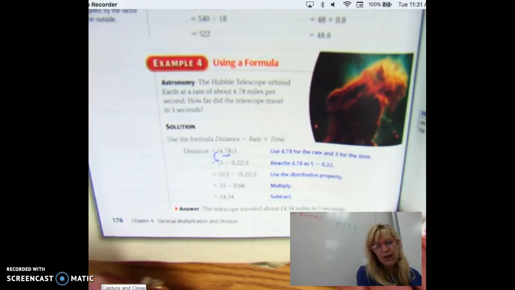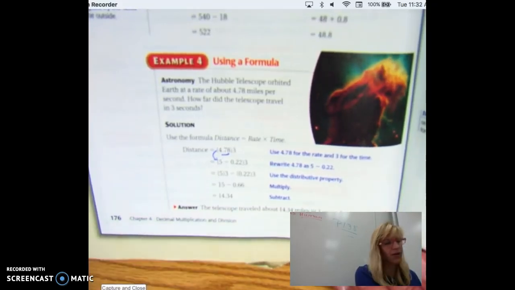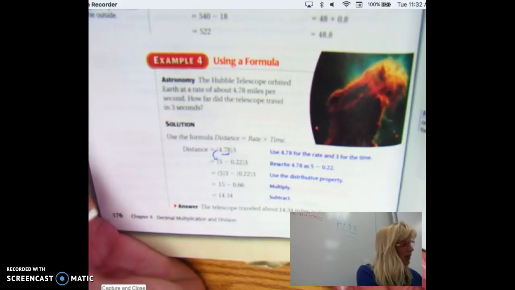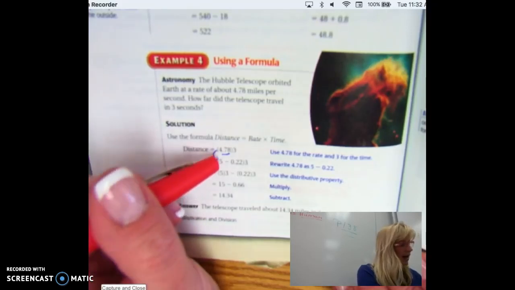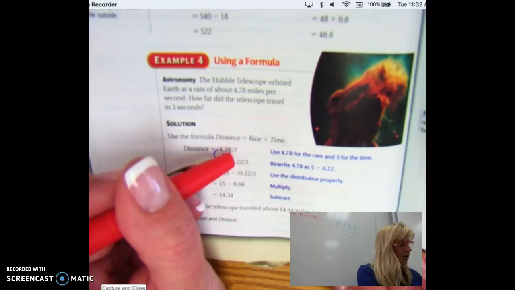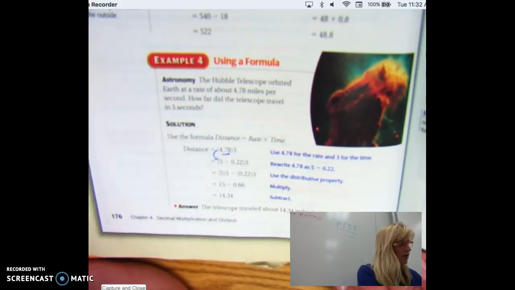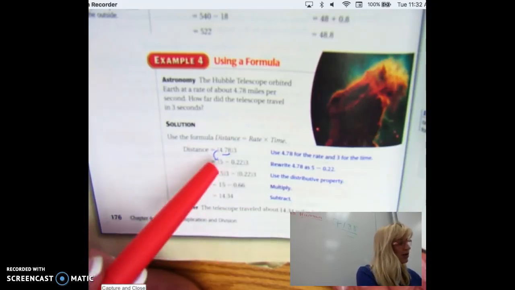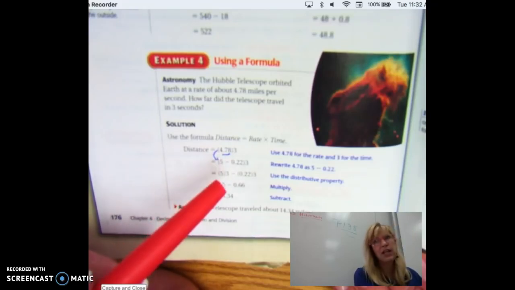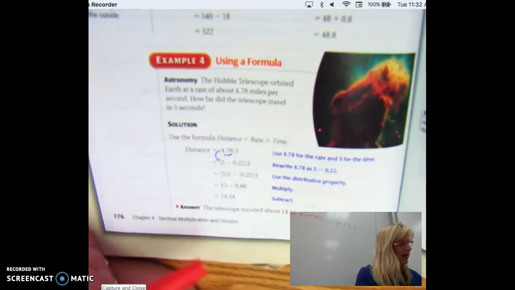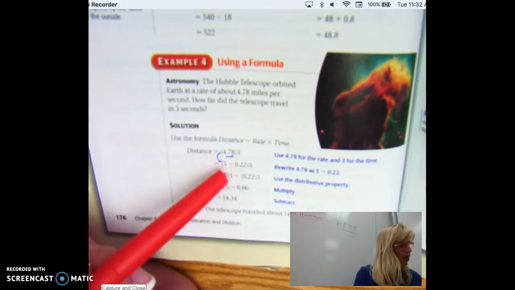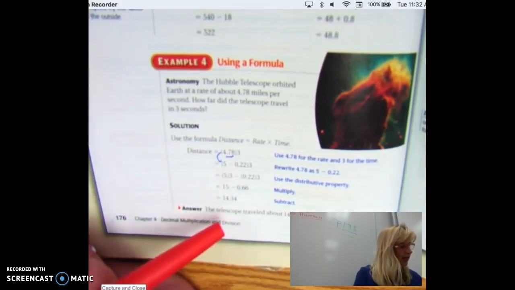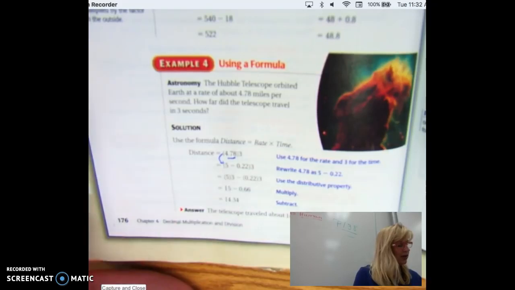Yes, I know that you could just simply write that out and do the arithmetic, but what they chose to do is write 5 minus 0.22. That's still equal to 4.78. They just took 0.22 away from it, or 22 hundredths away from it, excuse me, and then multiplied all of that times 3, which 5 times 3 is 15, and then 22 hundredths times 3 is 0.66.